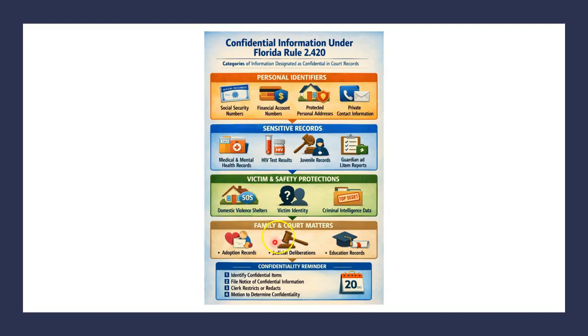I think the rule has 16 or 19 different areas, but there's 14 here.